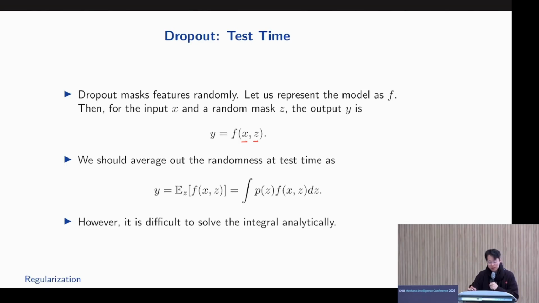You want deterministic behavior. Say you deploy your model on a cell phone and you take a photo. Each time you upload the same photo, you expect the output to be the same. So the sensible thing during test time is to take the average over the randomness, which is the mask Z.